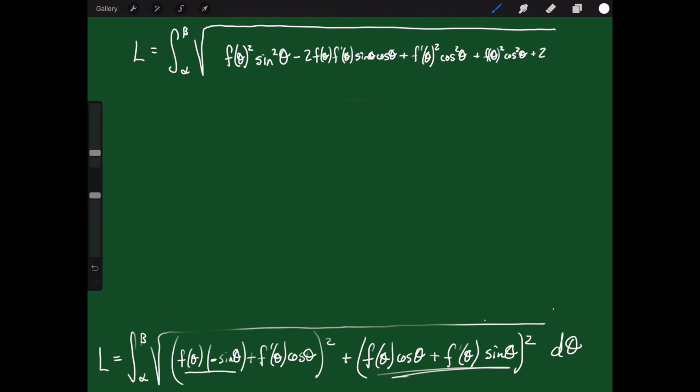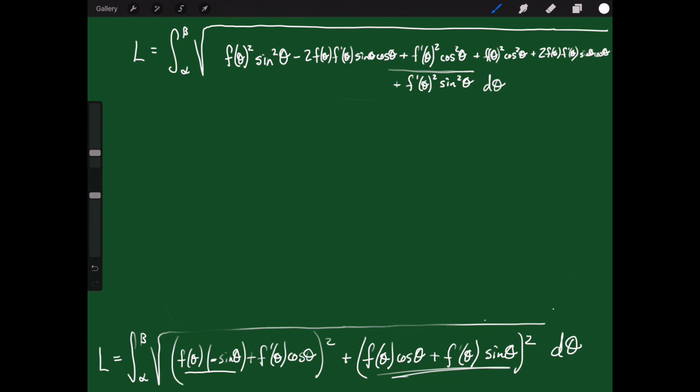So plus 2 f of theta f prime of theta sine of theta cosine theta, and we have a little bit more here, plus f prime of theta quantity squared sine squared of theta. Okay, and that's it. So the square root is still kind of continued over this guy, d theta.